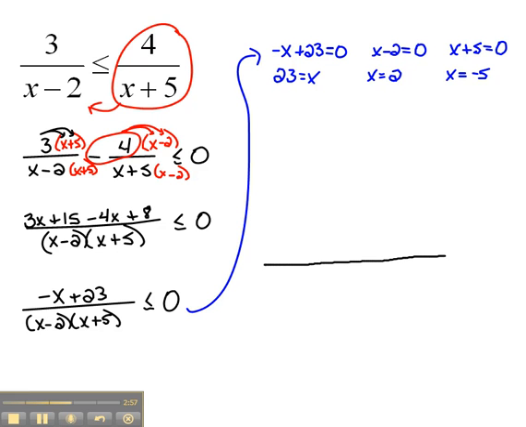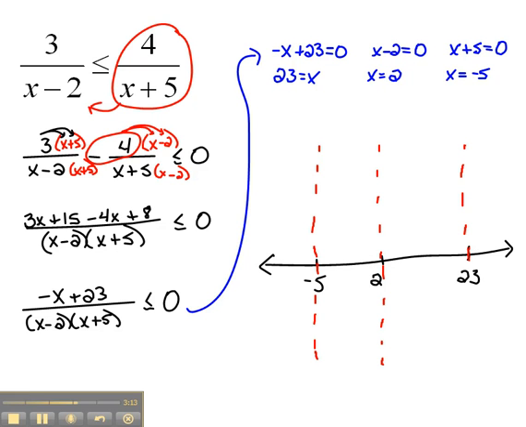So when we set up our number line, we're going to have critical values over here at negative 5, and then at 2, and then at 23. This is what's going to separate out. So we're going to be looking at each one of those sections. So remember, we had a factor of negative x plus 23, an x minus 2, and an x plus 5.